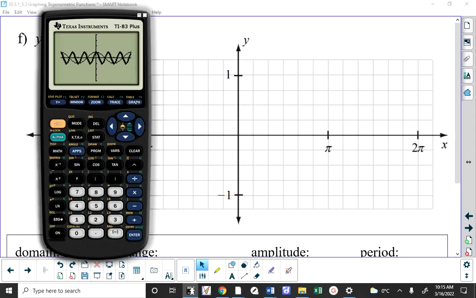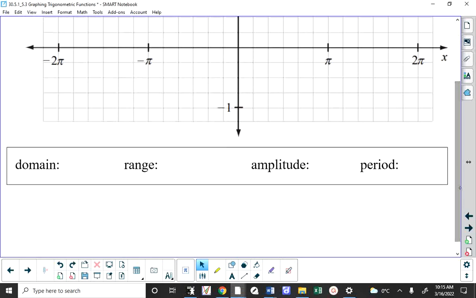And if it happens 3 times as often, the period will be 1/3 as great, which is 2 pi over 3. Wait, but b is 3. 2 pi over b. We can just take this whole stretch factor thing with trig functions and throw it in the bin. It doesn't matter. The period is 2 pi over b.